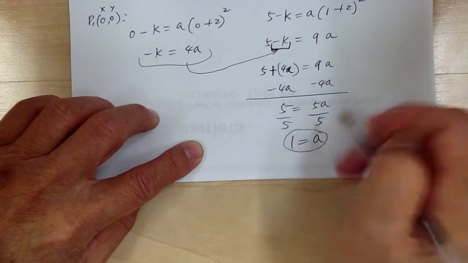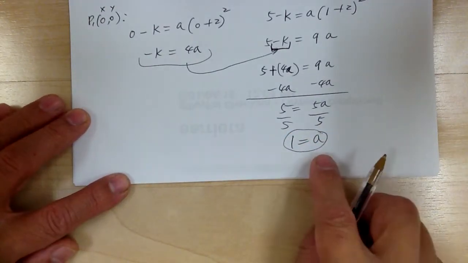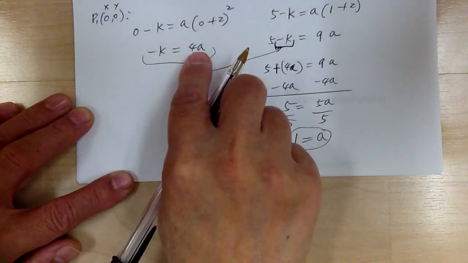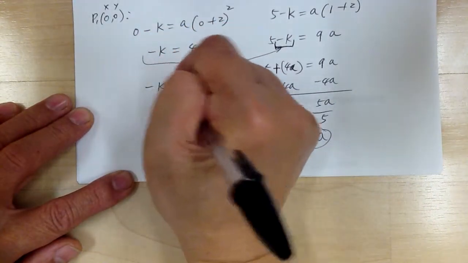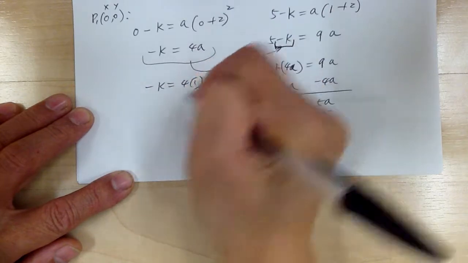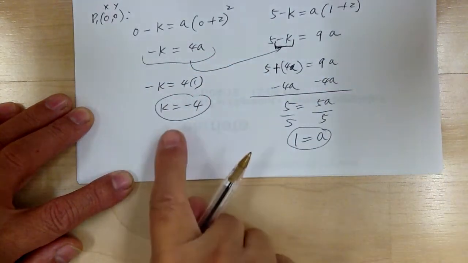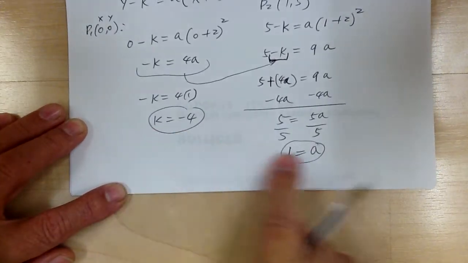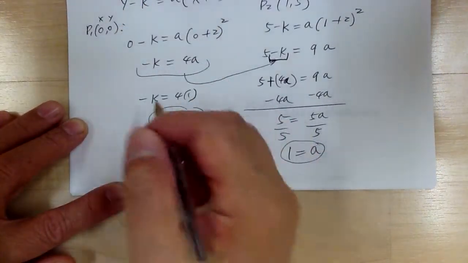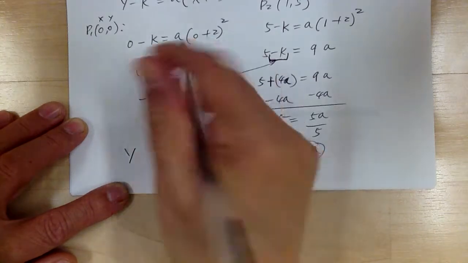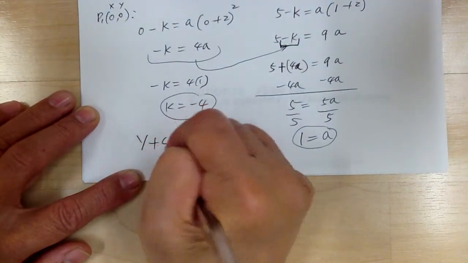Okay, I'm going to circle that so I can look for information. So a equals 1. I can substitute into here. So negative k equals 4 times 1. So k equals negative 4. Okay. So now I have the k and the a. I can go back here and write the equation. So I get y minus negative 4, which becomes y plus 4.